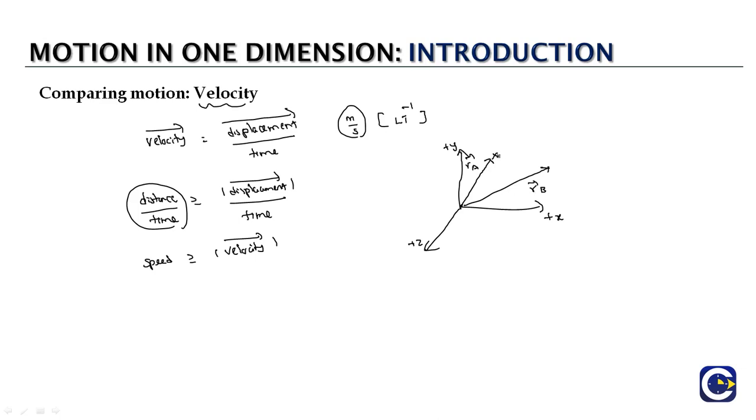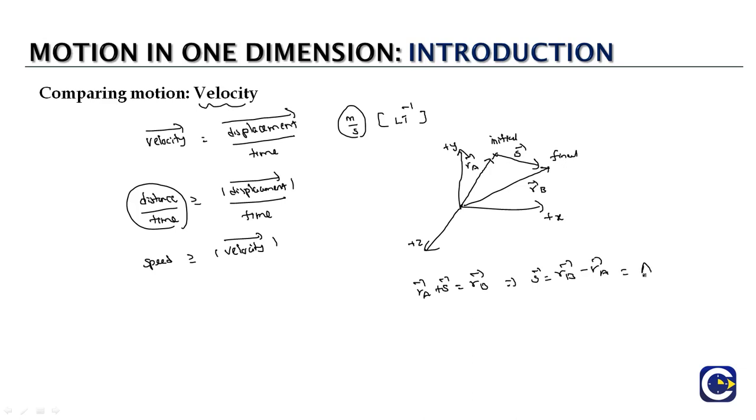Now the displacement, which is a vector, from the initial point to the final point, displacement S bar will be given by, as we can see from the properties of vector addition, R_A bar plus S bar is equal to R_B bar, which means S bar will be equal to R_B bar minus R_A bar.